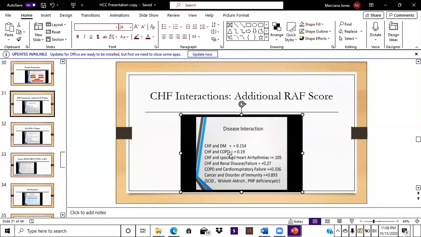Congestive heart failure and COPD. Congestive heart failure and specified heart arrhythmias. Congestive heart failure and renal disease or failure. COPD and cardiorespiratory failure. Cancer and disorder of immunity. So a lot of these interact with each other.